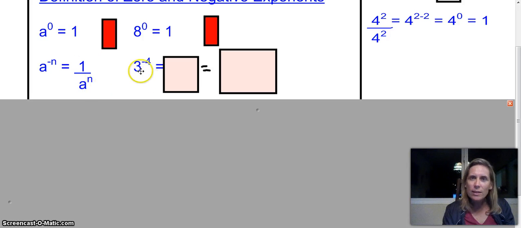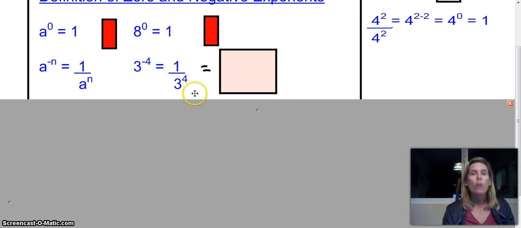So if we have 3 to the negative 4th, the negative does not make this whole expression negative at all. Instead, it says that 3 to the 4th needs to move to the inverse location. This equals 1 over 3 to the 4th. Notice the negative is now gone. This is not a negative fraction, is it? This is just 1 over 3 to the 4th.